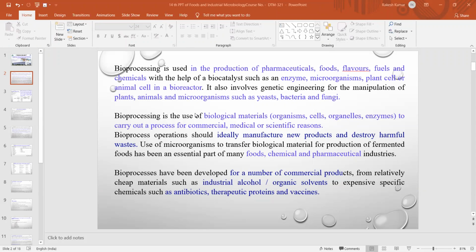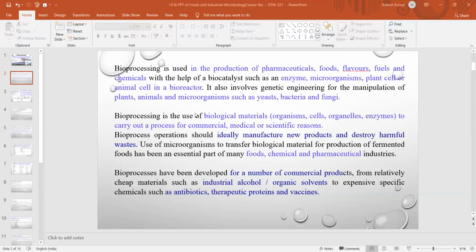It also involves genetic engineering for manipulation of plants, animals, and microorganisms such as yeast, bacteria, fungi. We are using these microorganisms, especially yeast, bacteria, and fungi, depending upon the nature of your final product, what type of product you are going to manufacture. Depending upon that, you have to select a particular type of microorganism.